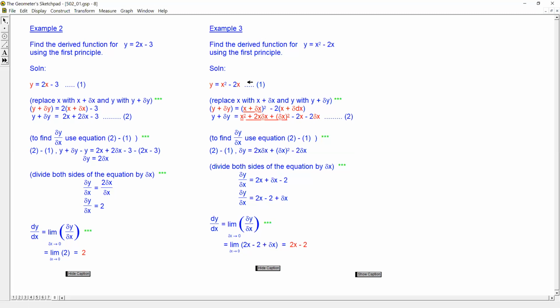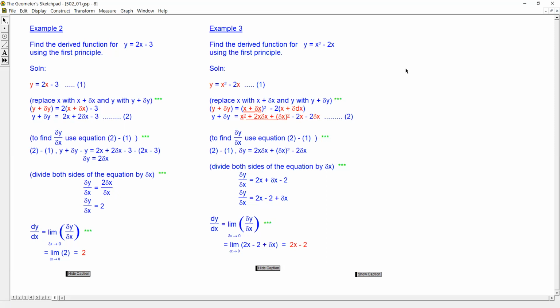Okay, so first step, I copy down this equation exactly the same. I put it here, then I call it equation 1. Second step, the y you have to replace with y plus delta y. The x here you replace with x plus delta x.